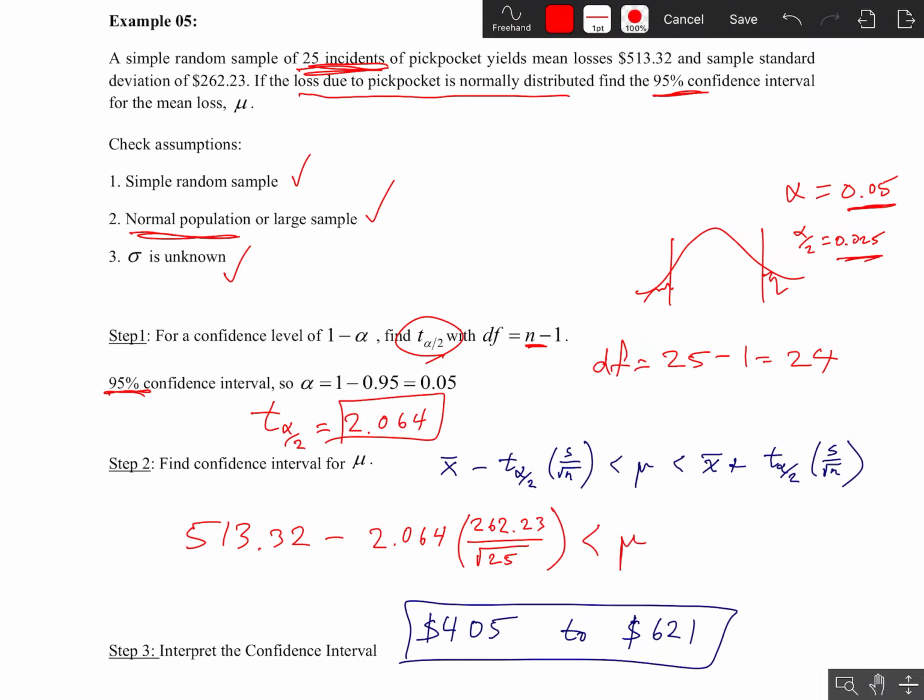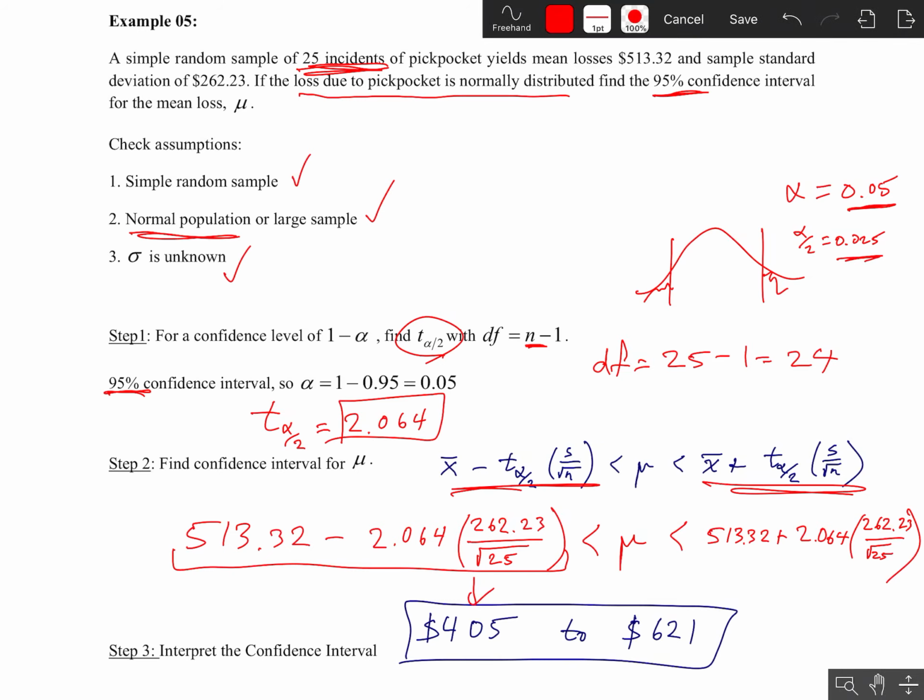And that will give us the lower end point for our confidence interval, and the upper end point will be given by this side of the formula. So it will be the same thing, 513.32 plus this time 2.064 times 262.23 divided by the square root of 25. So at this point, I can just plug in all of the information that we know on the left side and right side of the formulas to get our confidence interval.